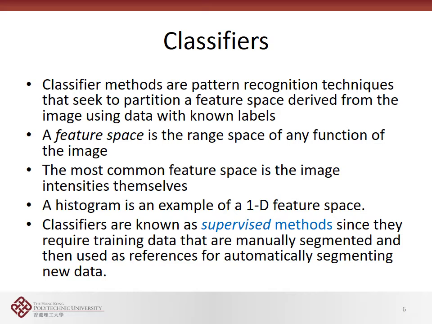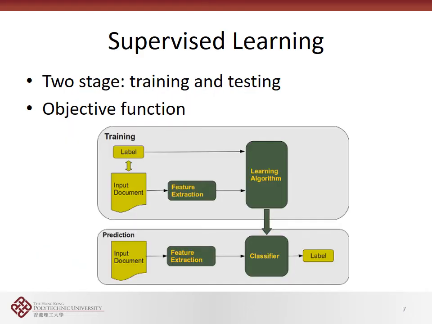Based on this principle, classifiers are known as supervised methods. Supervised learning is a very important concept in machine learning. Usually, a supervised learning method has two stages: training and testing.